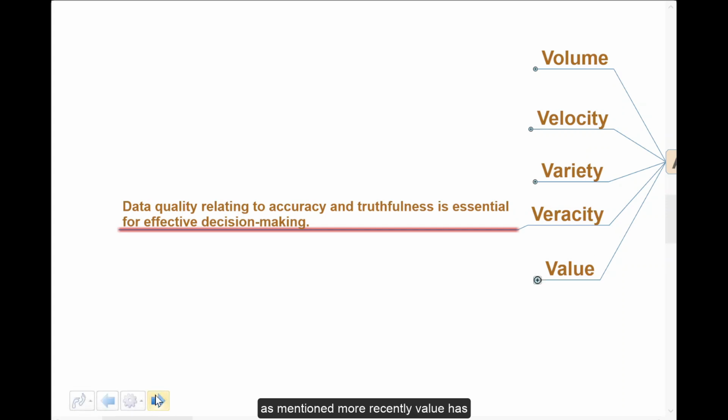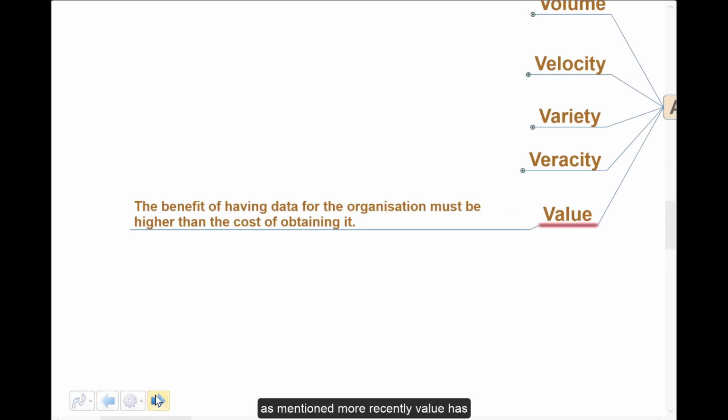Now, as mentioned, more recently, value has come into play. And this buzzword, value, is certainly important because the idea of a cost versus benefit analysis of data is central to the use of data.